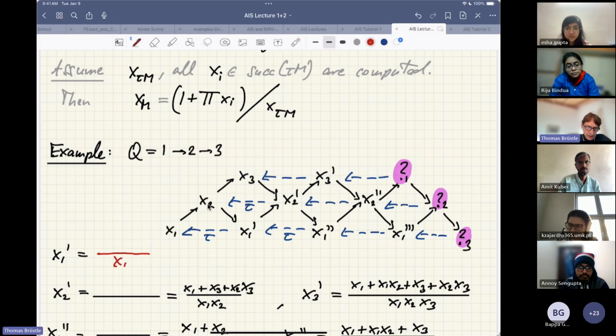And in the numerator, I write 1 plus the product of all variables that are the successors of x1, so 1 plus x2. This is what we get here. That's good? Okay. So we computed, so these are the initial ones.